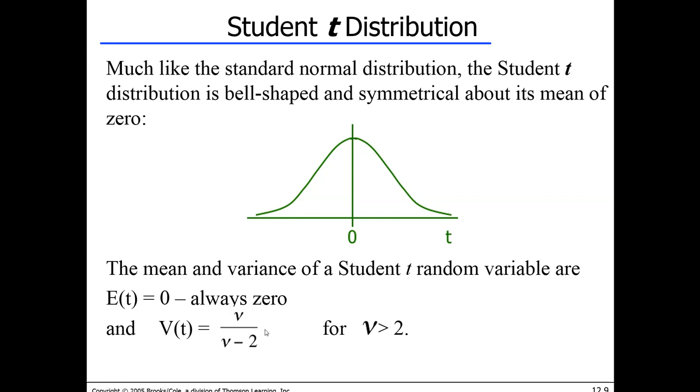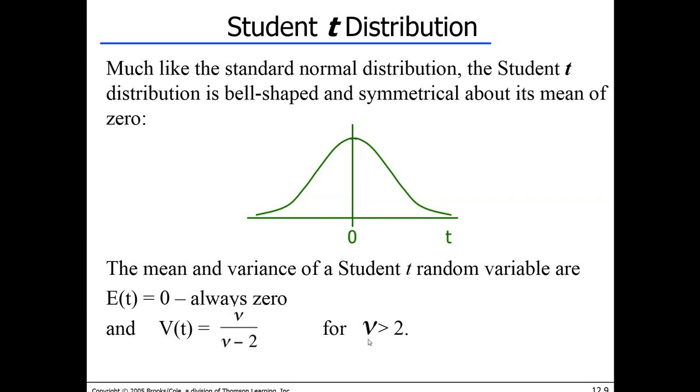If I take 1,000,000, a really big sample, that's 999,999 in the numerator and 999,997 in the denominator. Almost exactly 1.0, right? So the point of the story is this.